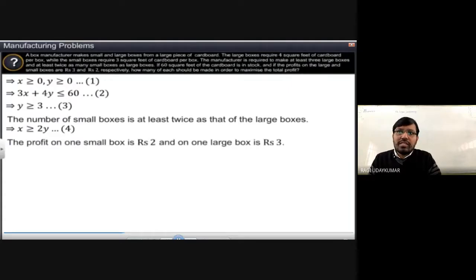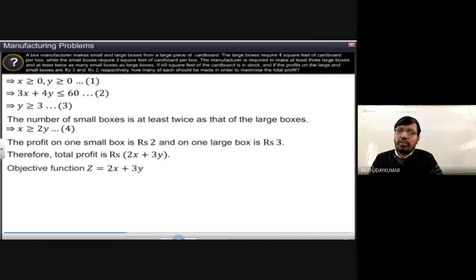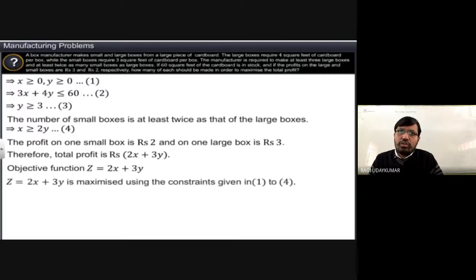The profit function is obviously 2 rupees on a small box and 3 rupees on a large box, so 2x plus 3y is what we are going to get. Whenever you represent this, it is called the objective function, and this objective function is to be maximized to get the total profit.